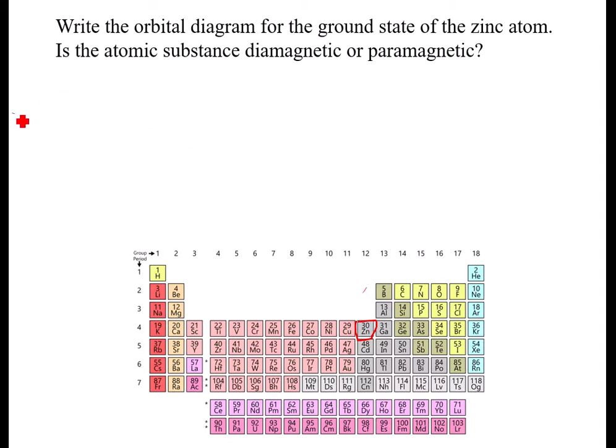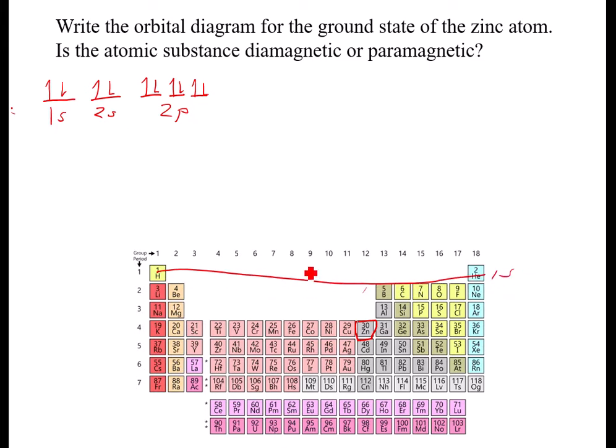Okay, so I have 1 dash, which is 1s, and it has 2 electrons in it. 1 dash, that's 2s, and has 2 electrons. Then I have 2p, p has 3 dashes. And 1, 2, 3, 4, 5, 6. So kind of keep track of where I am. This was my 1s.